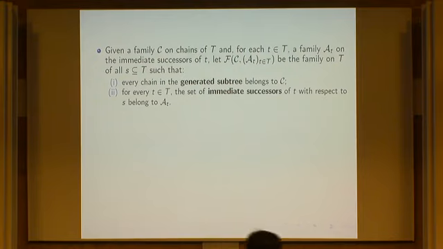So for example, I have my S here, and I look at this, and this has to be, yes, in the subtree. With respect to S means in the generated subtree. Yes. This is it. Okay.